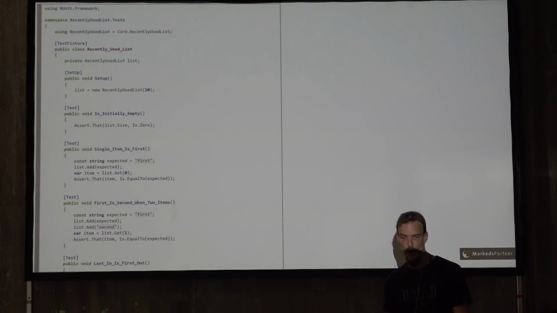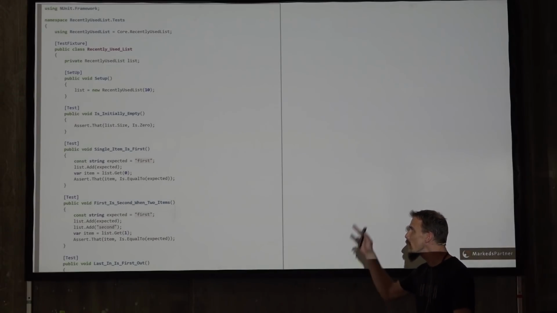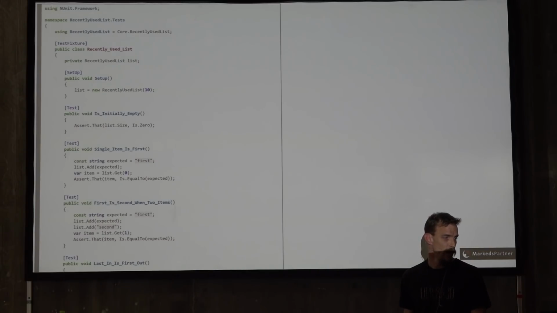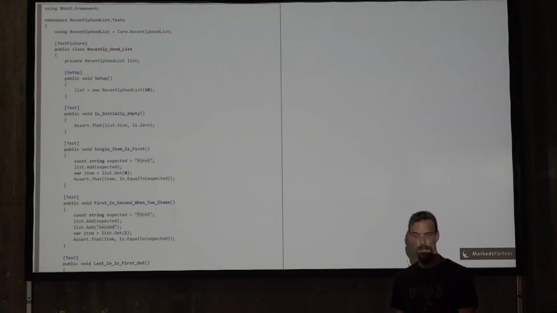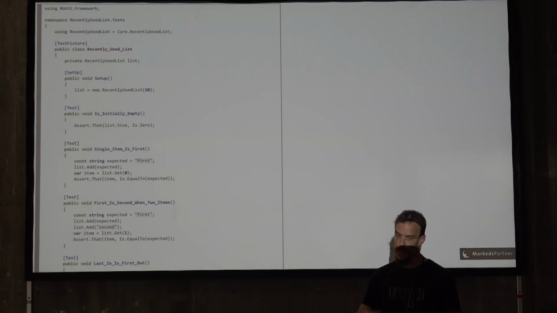So here's an example of how that could look for my recently used list. On top you have a little setup where you say that I'm going to use a list with 10 items in it. And initially it's empty. When you add something to it, it's going to be on the top. When you add two things, the last thing you entered is going to be on the top.